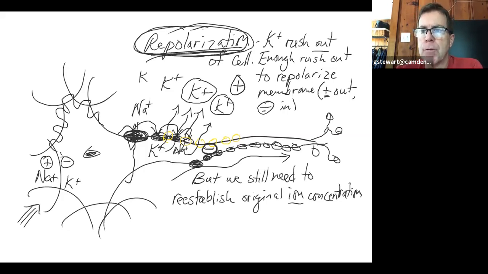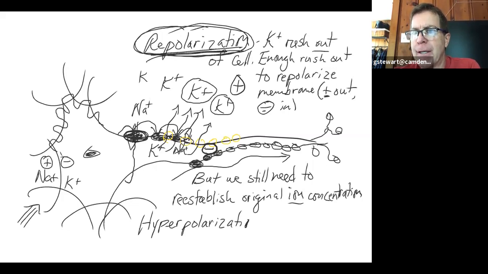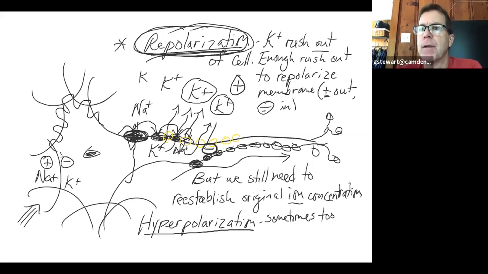Before I go on to reestablishing the ion concentration, this word, just so you know what it means, and I might ask you a question on the quiz about this, hyperpolarization, oftentimes in the human body occurs during the act of repolarization. It's hard to put the brakes on this repolarization.